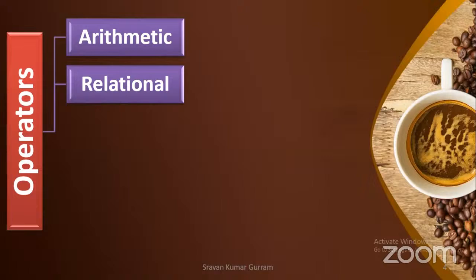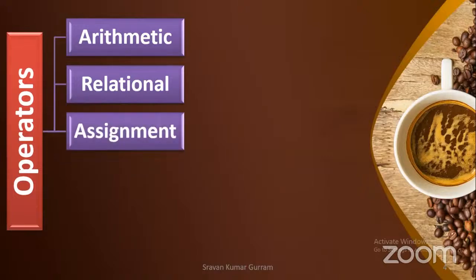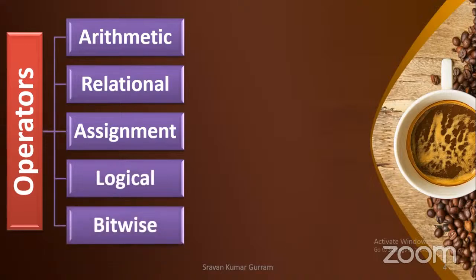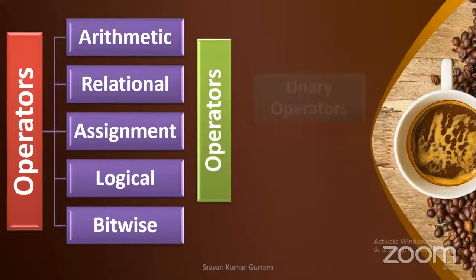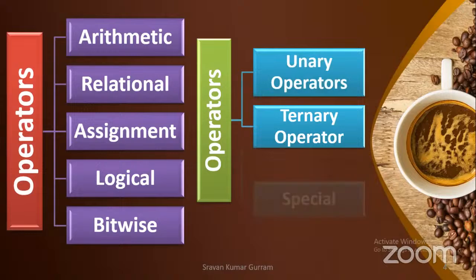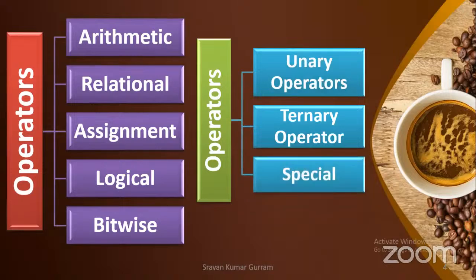Arithmetic operators, relational operators, assignment operators, logical operators, and bitwise operators. Along with these, we have some more operators called unary operators, ternary operators, and some special operators. So let us discuss these one by one.